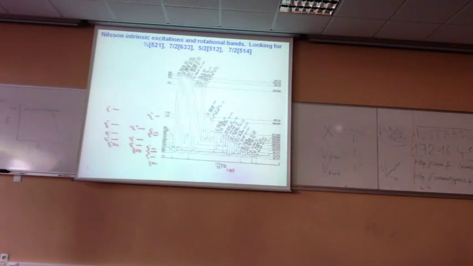Here's a 5/2 minus. The first state we have in the assignment is this 5/2 minus. And so that we would assign, hope that we're right, as the 5/2 minus 512. And then the next state we have is 7/2 minus, and then 9/2 minus, and I'm not sure what this 1/2 minus is lurking there.